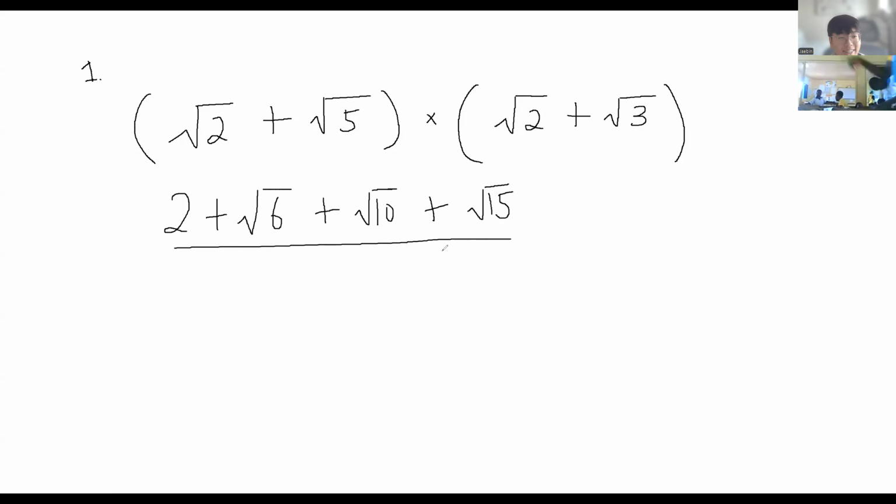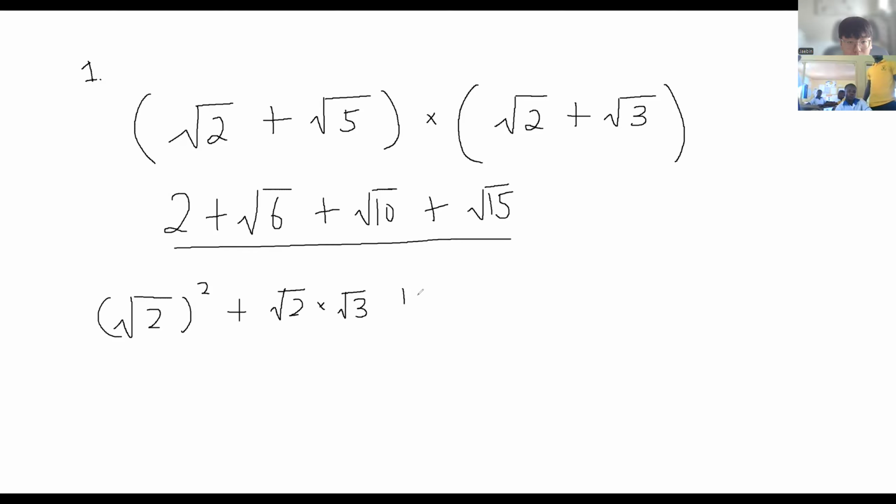You got it right, because we multiply square root of 2 squared, plus square root 2 times square root 3, plus square root 5 times square root 2, plus square root 5 times square root 3. If you do all those, you'll get this answer like you got. Great job.